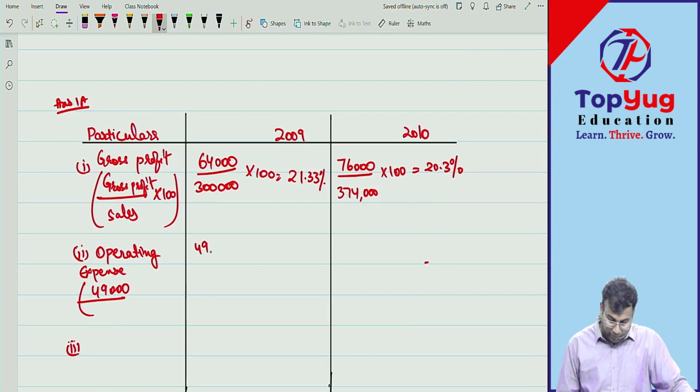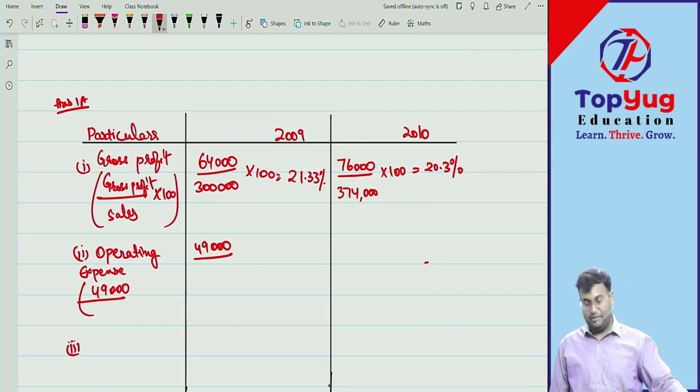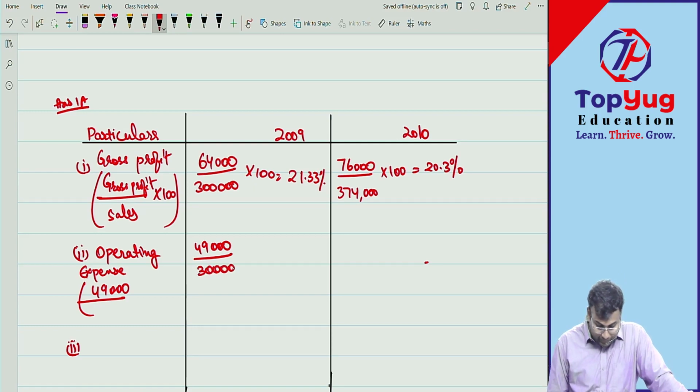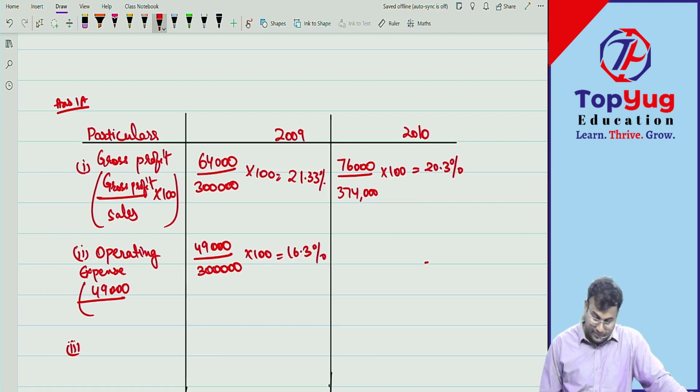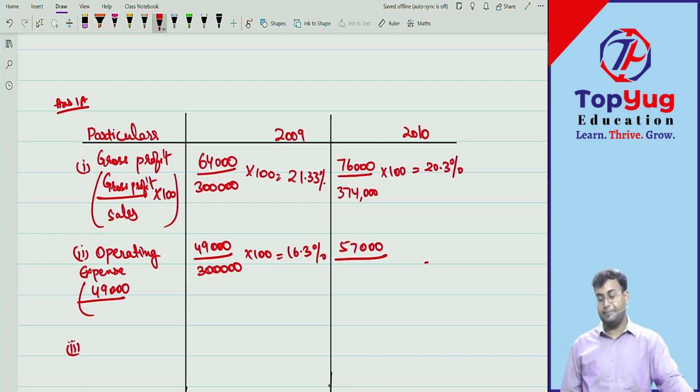So you have 49,000. That is my actual operating expense apart from cost of production, divided by 3 lakhs, into 100. Similarly, in the next problem, 57,000. Just calculate it yourself.